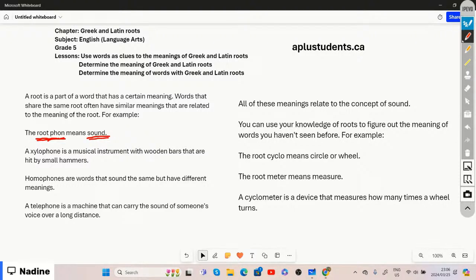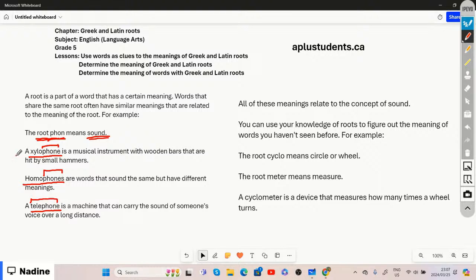And then we made a few examples of words with the same root, like xylophone, right? There we have the word phone in it. Homophones, which have the word phones in, and telephones, which have the word phones in, right?